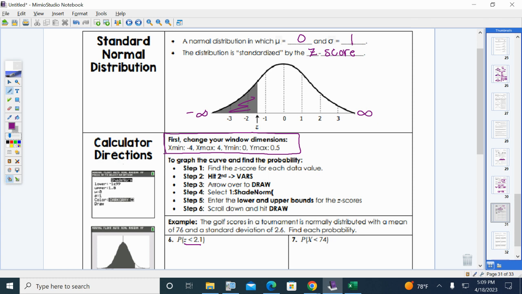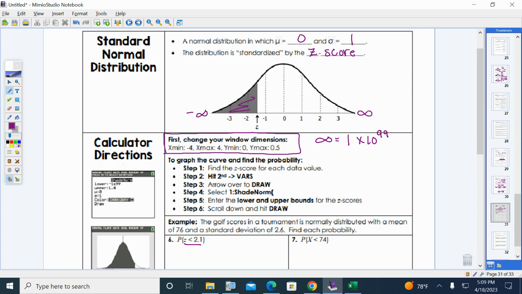So basically we have to set up a range for the calculator to calculate where that area is going to fall to find that percentage. And there's not a symbol in the calculator for positive infinity or negative infinity. So for positive infinity, you're going to use 1 times 10 to the power of 99. That's the closest we can get to infinity in the graphing calculator.